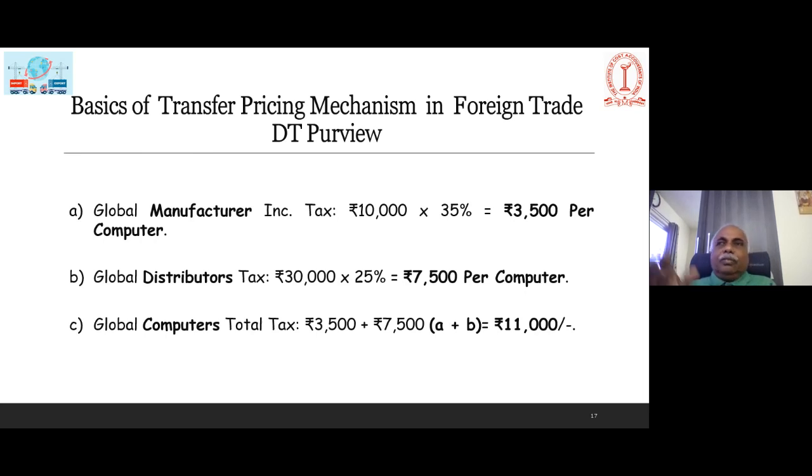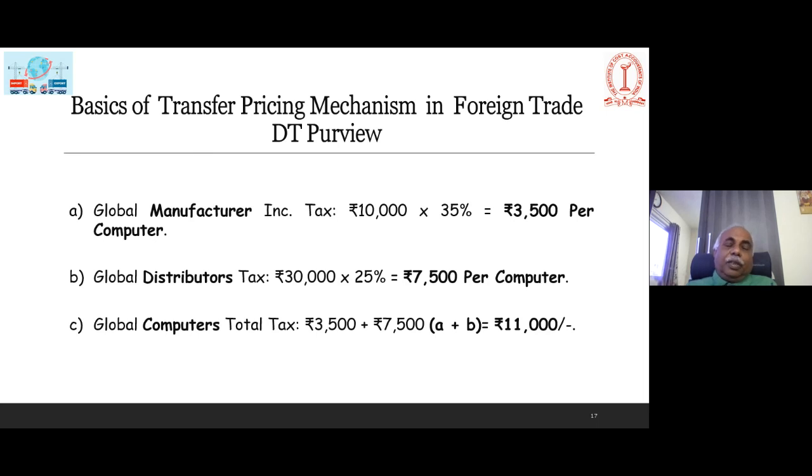The manufacturer's profit is the transfer price of 30,000 minus the cost of production of 20,000, so 10,000. At a tax rate of 35%, that is 3,500. The distributor gets the product for 30,000 and sells for 60,000, so the profit is 30,000.